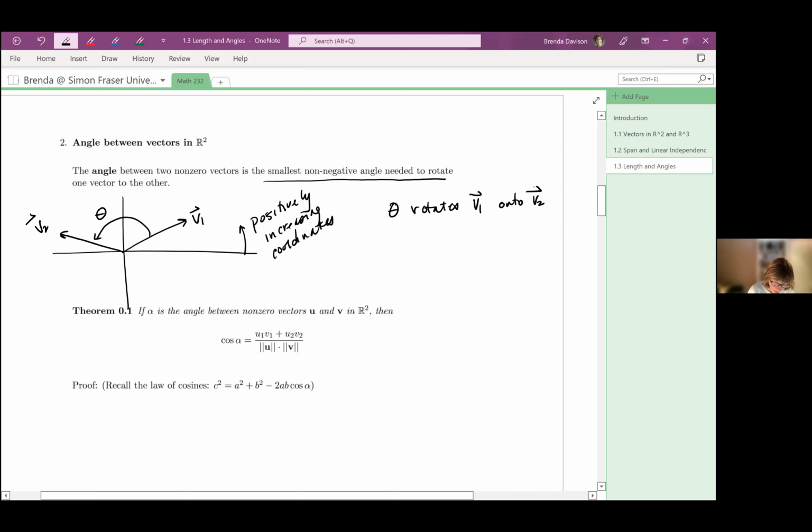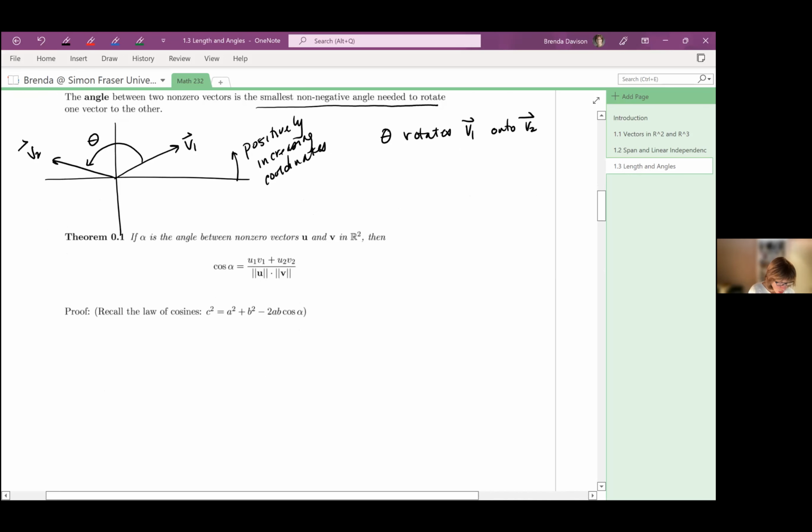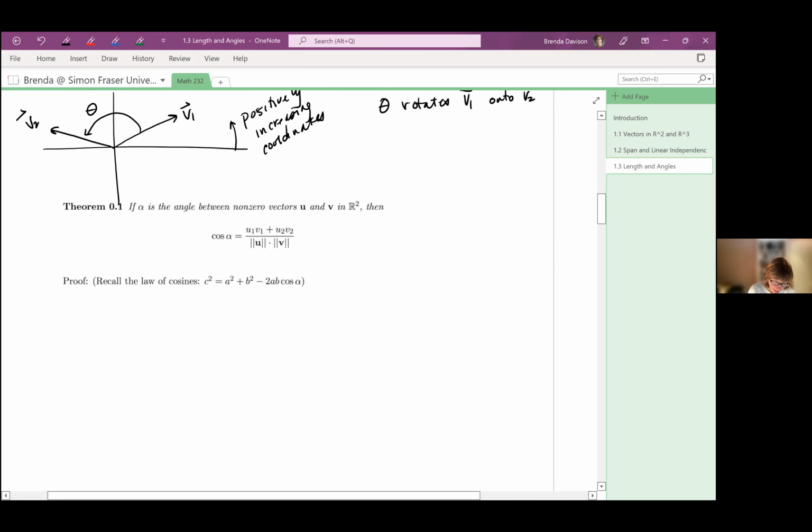Okay, and then here we have a statement of a theorem, which we're going to show why it's true. And that is, if we have two non-zero vectors u and v, and alpha is the angle between them, then we can compute the angle between them using this formula right here. The cosine of the angle between them is component 1 of vector 1 times component 1 of vector 2 plus component 2 of vector 1 times component 2 of vector 2.